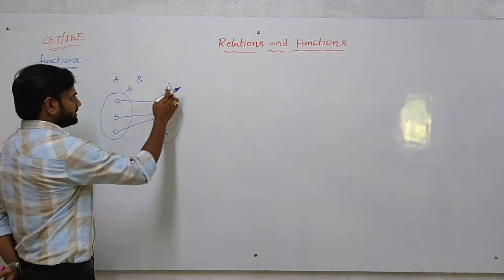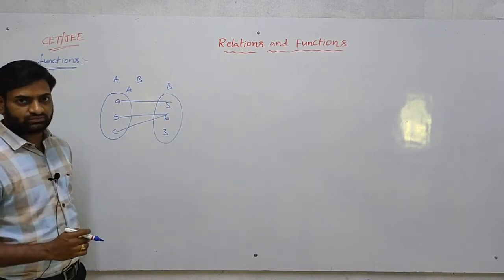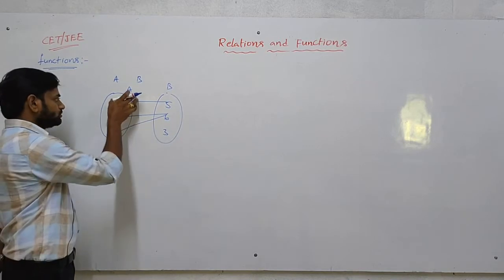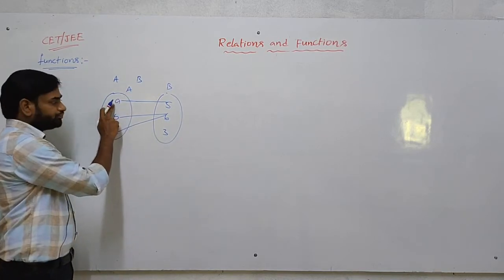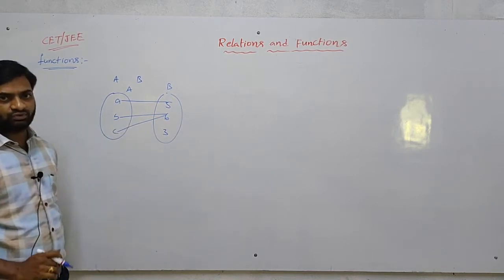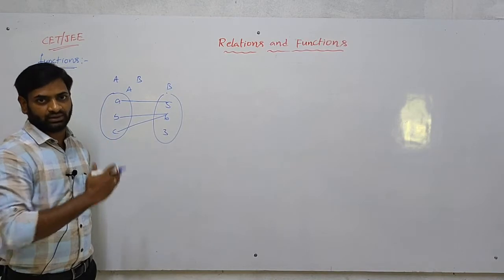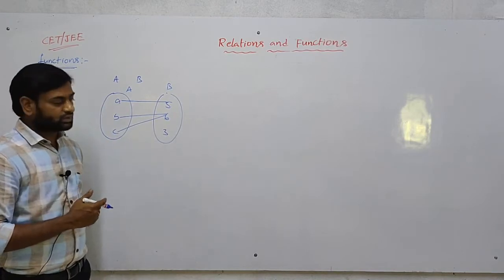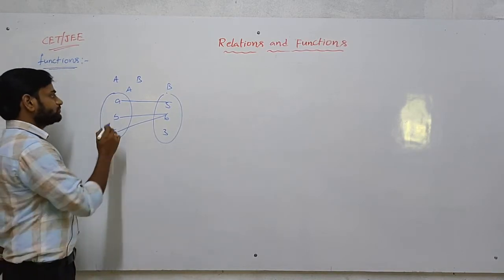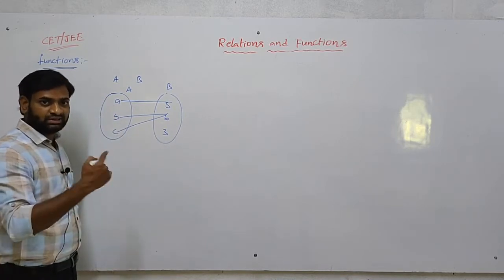In B also 5, 6, 3, these are the three elements. So here every element is in the mapping. Clear? The first condition is that every element of A should be in the mapping. Next, every element should have only one image in B.